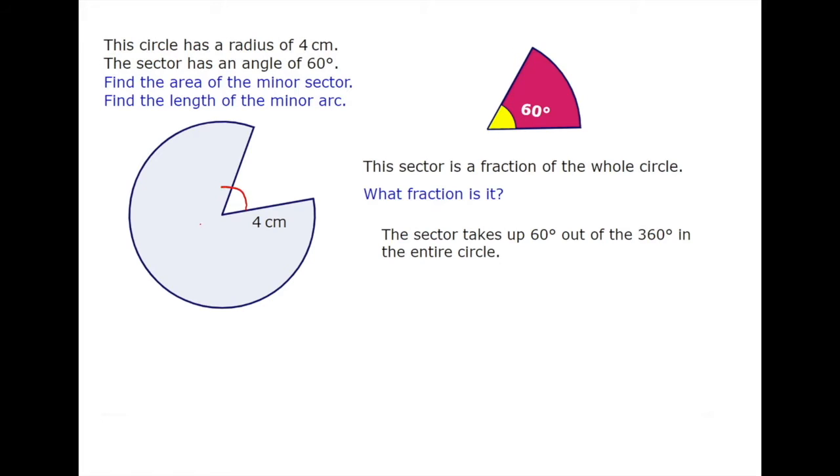So the angle all the way around here is 360 degrees. This section here is 60 degrees. So the fraction of the circle that this sector is going to be is 60 out of the 360 degrees in the entire circle, which we can write as a fraction, 60 over 360.